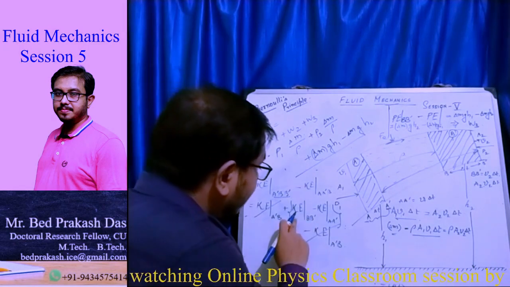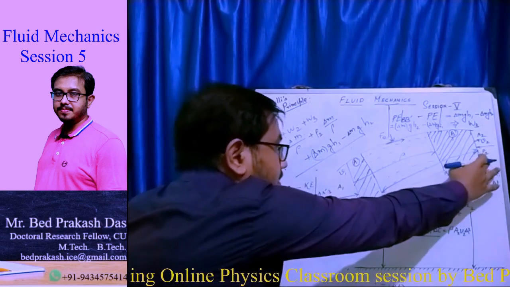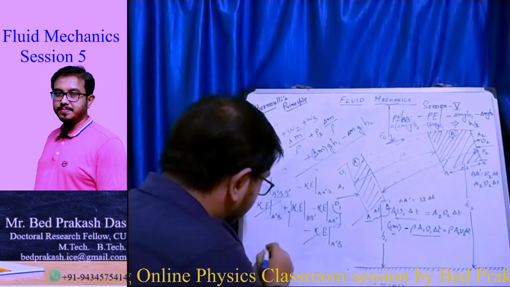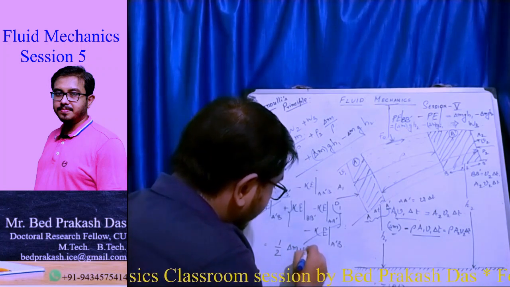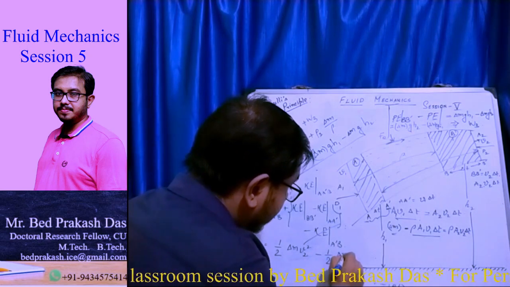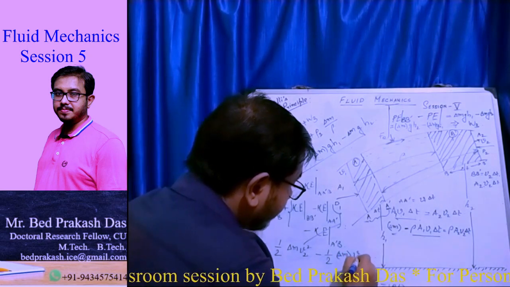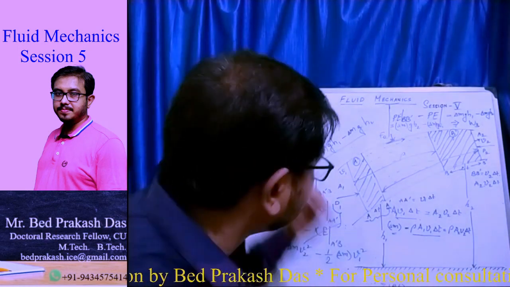So the kinetic energy for this part, that is over here, will be half delta m v2 square minus half delta m v1 square for this part. That's all about the kinetic energy.